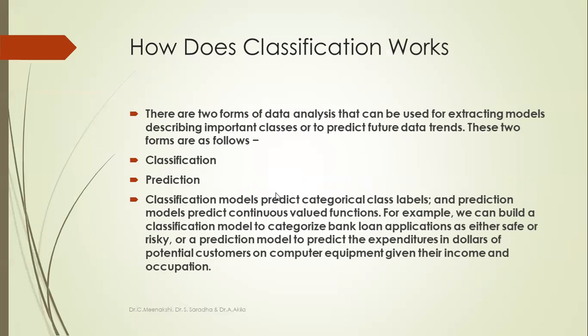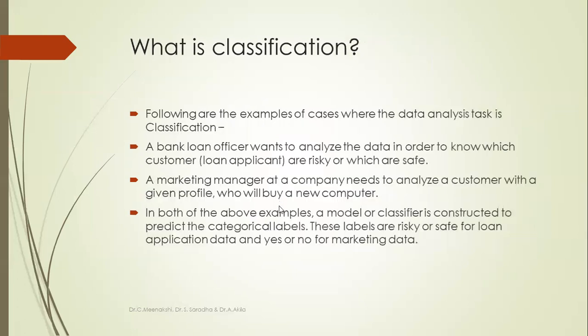That is called prediction. I think you will be clear now. Classification is based on categorization, and prediction is based on certain data, where we predict whether he is able to perform it or not. So this is classification and prediction.